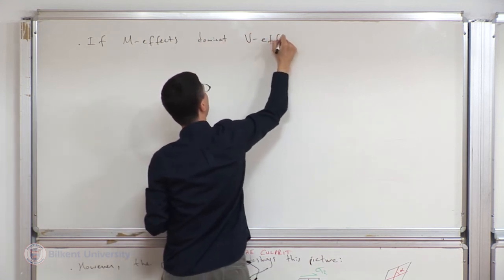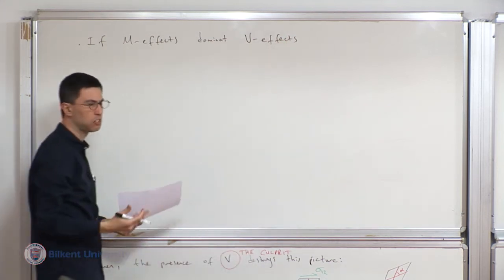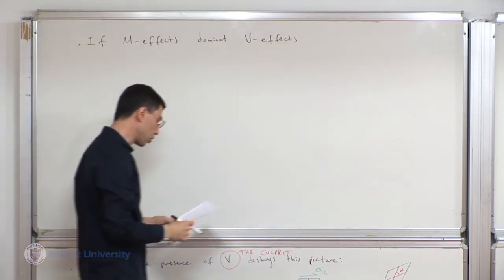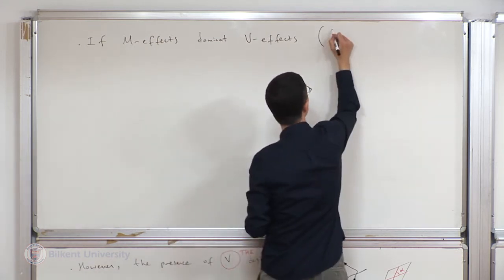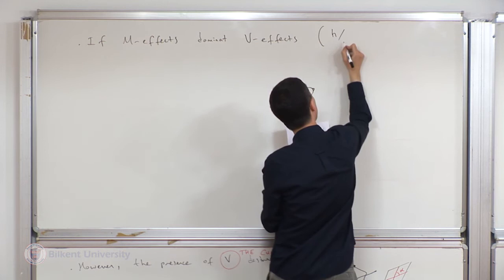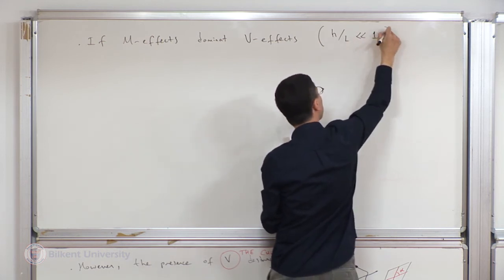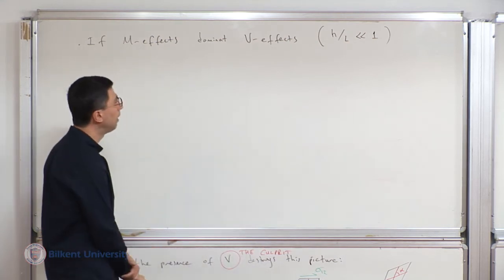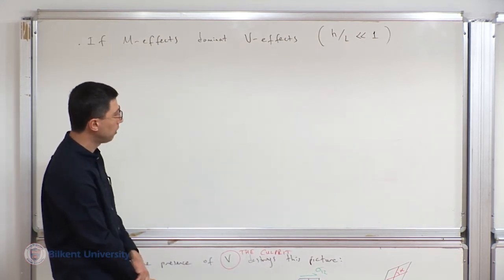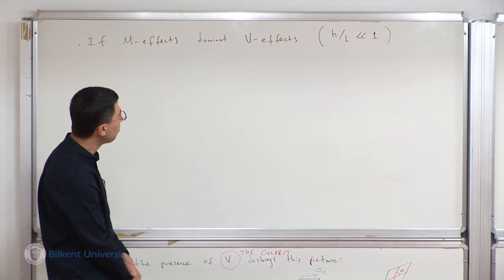That's what I mean by M effects and V effects on deflection. At this stage this statement perhaps looks vague. You will remember it from ME 231. I stated it last time, but we will see it more clearly towards the end of this lecture or this topic.